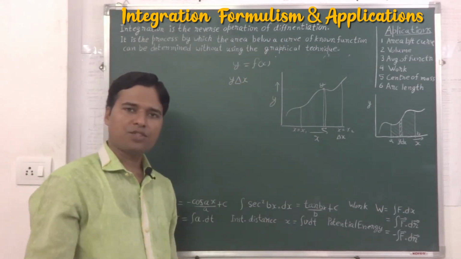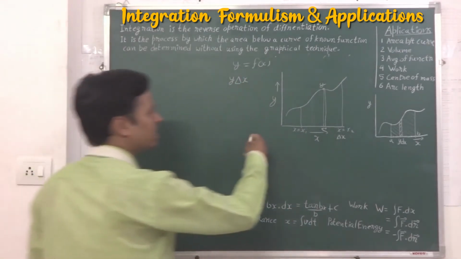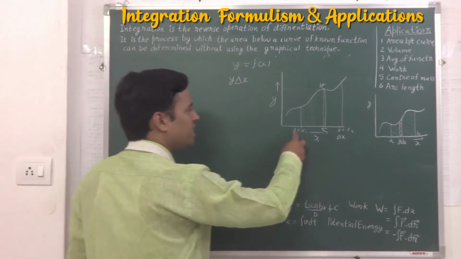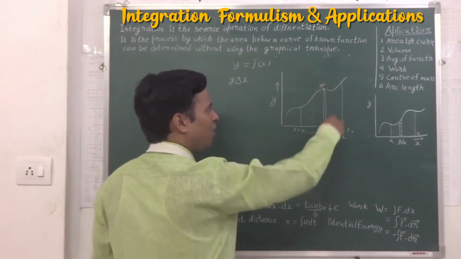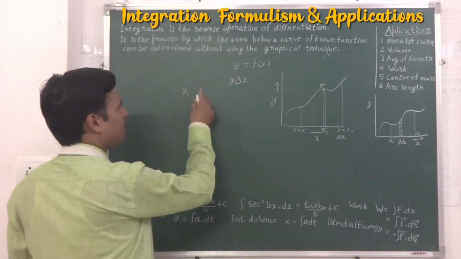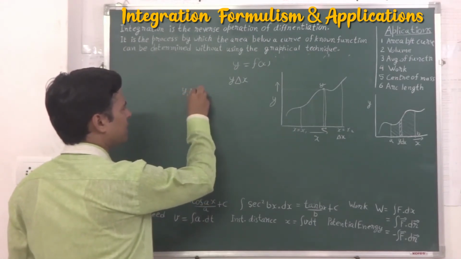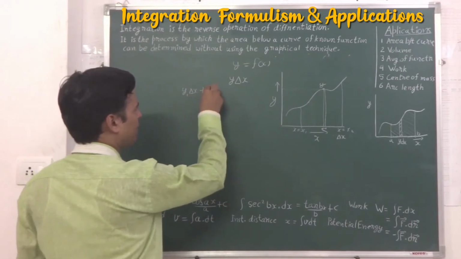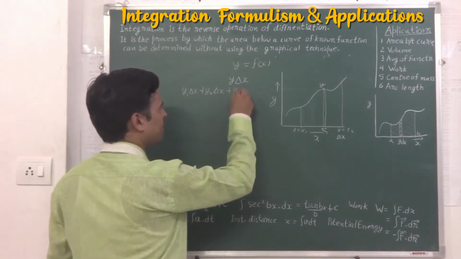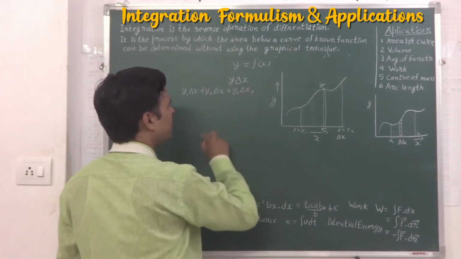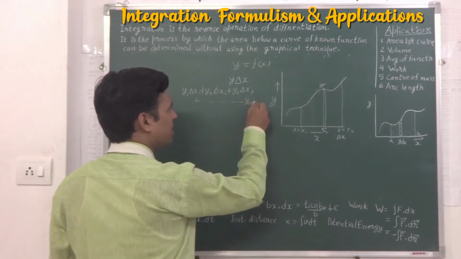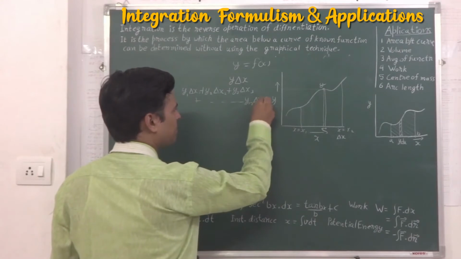These strips are so small and I will get the value of this complete area by adding the different areas of these small strips. So at the first strip the y value is y1, delta x1, y2, delta x2, y3, delta x3, and so on up to the nth and last strip.